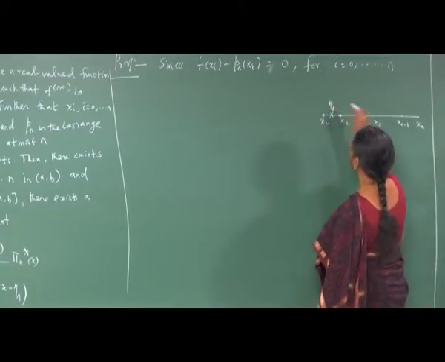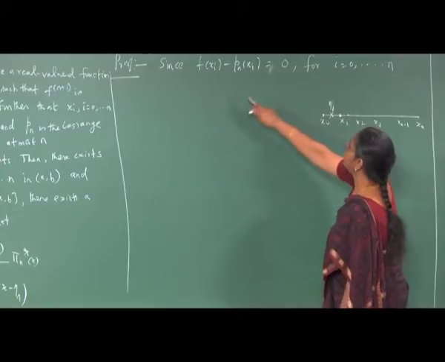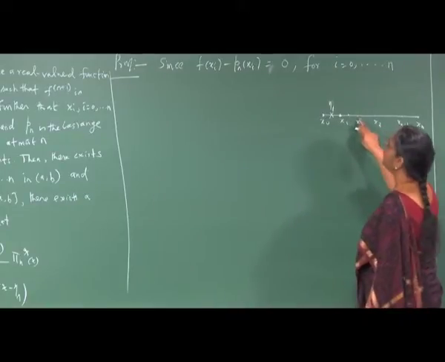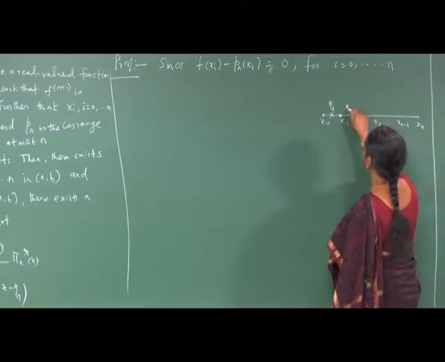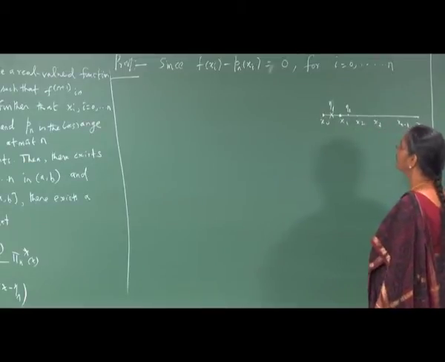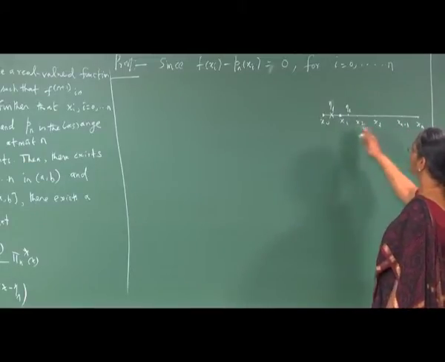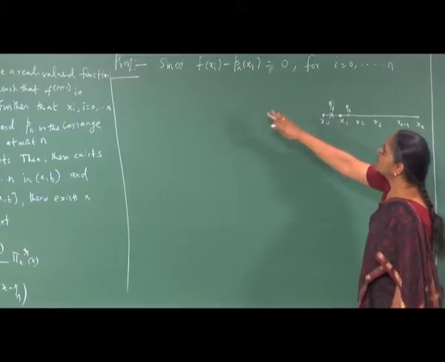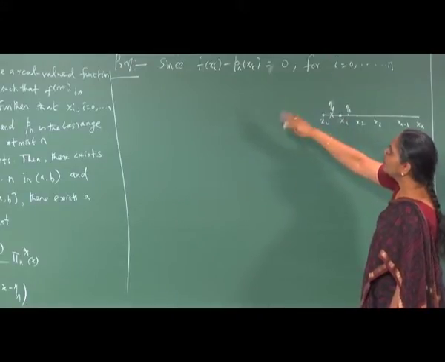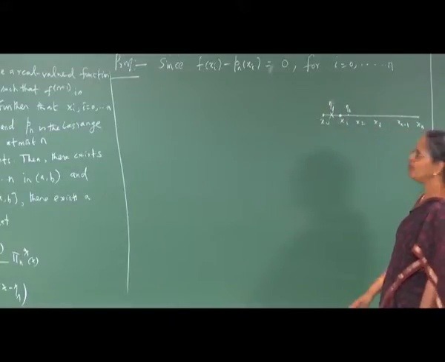Let us call that point eta 1. Similarly, f of x1 minus Pn of x1 is 0, and f of x2 minus Pn of x2 is 0, so there must be a point eta 2 belonging to the open interval (x1, x2) at which f dashed of eta 2 minus Pn dashed of eta 2 should be 0.